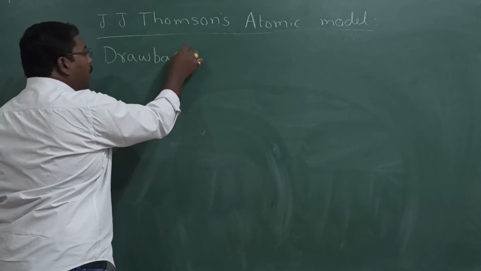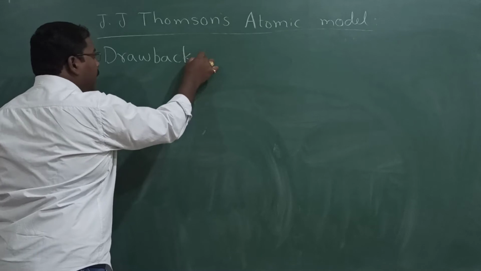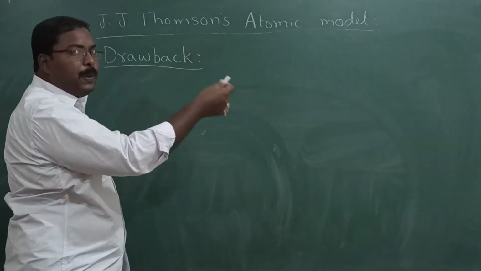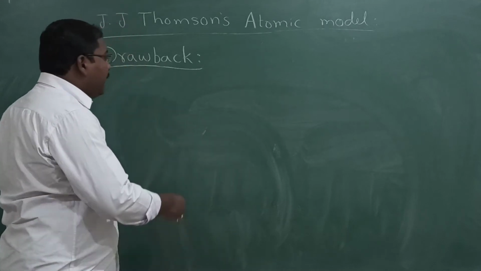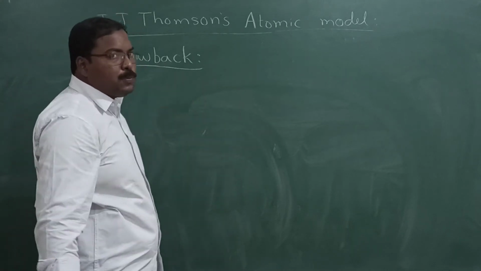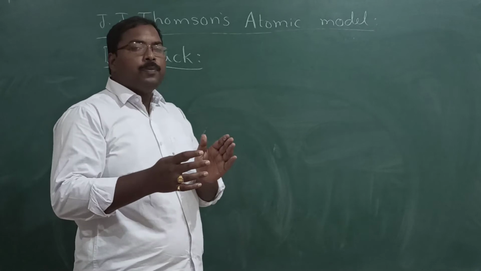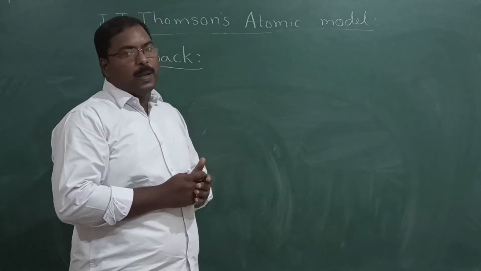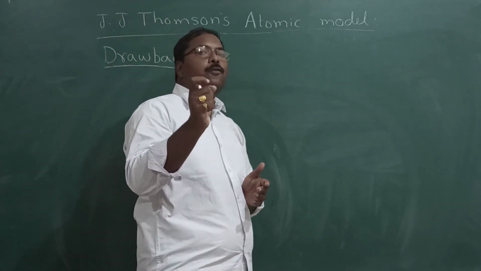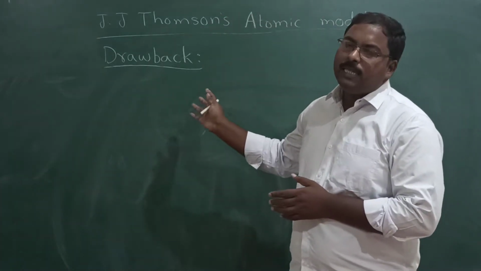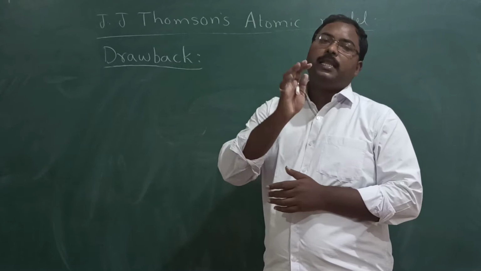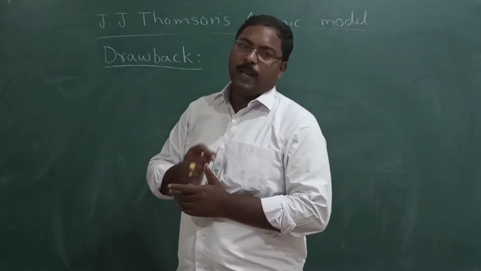The main drawback of this model is, if you observe the structure, he explained the position of electrons and protons. But later, after this model, Rutherford did an experiment, the alpha ray scattering experiment, and Thomson's model failed to explain Rutherford's experiment.